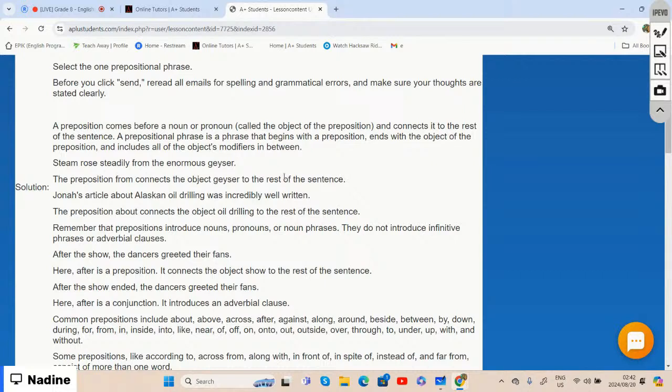So after the show, the dancers greeted their fans. Which means that after is a preposition and it connects the object show to the rest of the sentence, right?